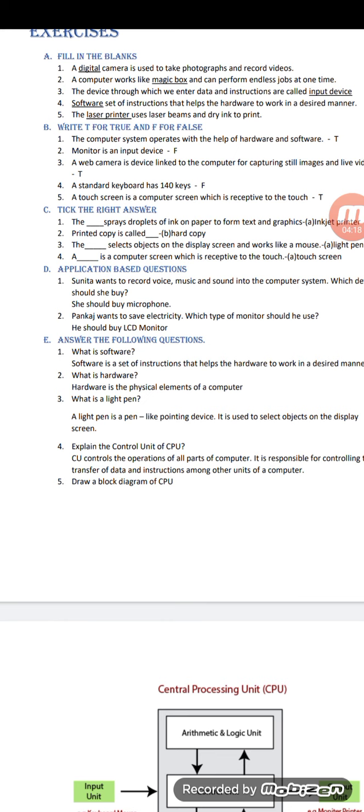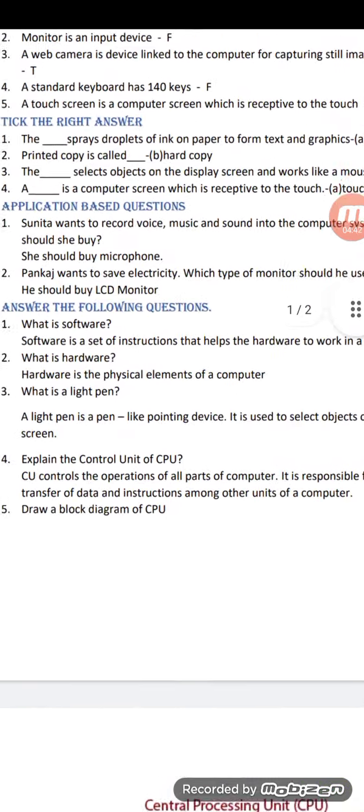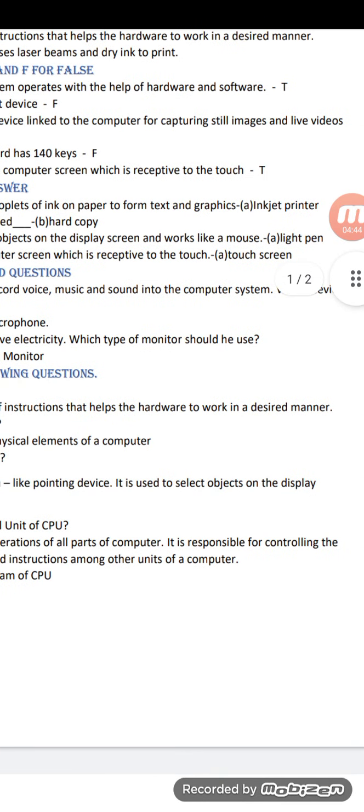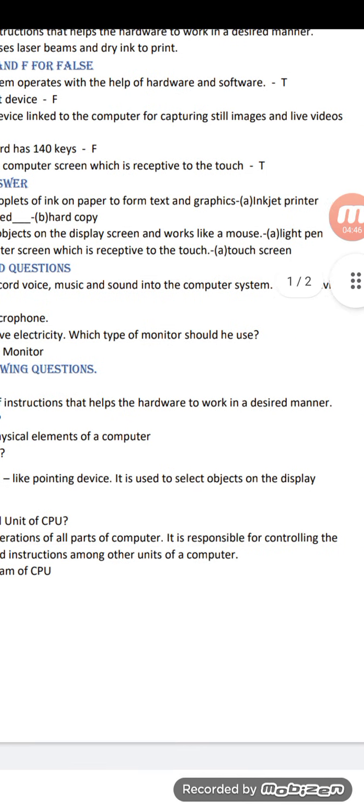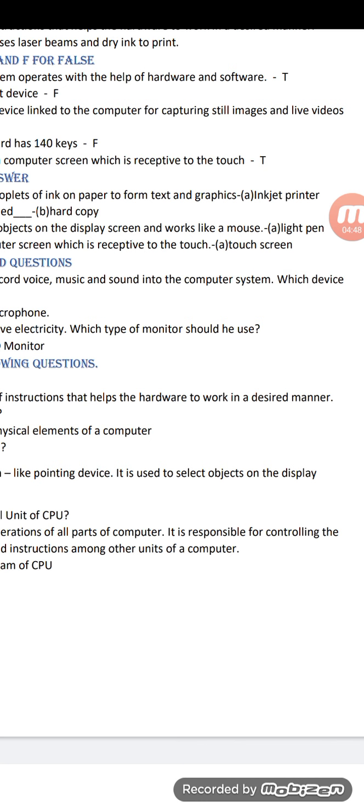There is nothing like light pencil and light mouse, that is all mouse itself. Then answer is light pen. Fourth one, a dash is a computer screen which is receptive to the touch. That touch screen we already mentioned in the B part.